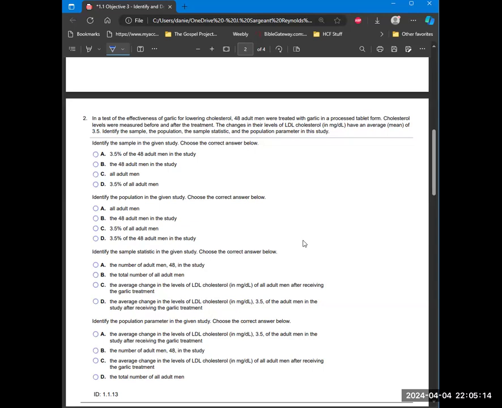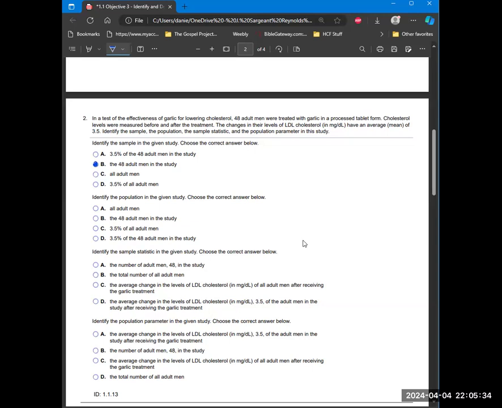Identify the sample, the population, the sample statistic, and the population parameter in this study. So let's first identify the sample in the given study. And that's going to be the 48 adult men of the study, which is option B.